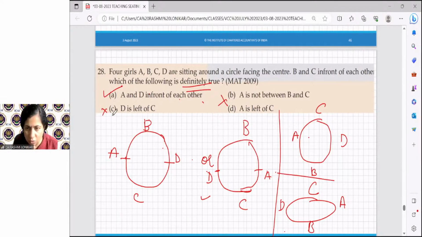So this is also not true. Definitely true means in all the possible arrangements, you should get that answer. A is to the left of C. Again, it is sometimes there, but it is not always there. So what is definitely true is A will always be in front of D. Okay, that is definitely true.